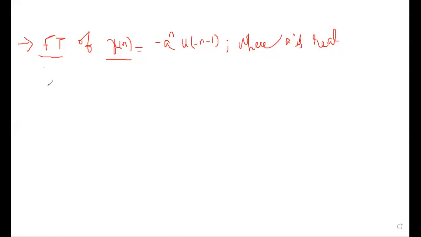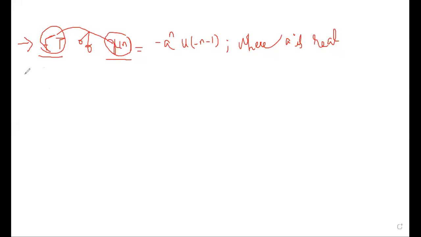Very good, DTFT. I told you during the class, instead of giving DTFT, to confuse you they give just FT. So you should not think we have not done it. So FT of a discrete time signal is nothing but DTFT.